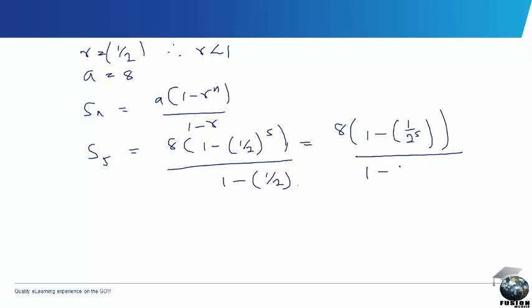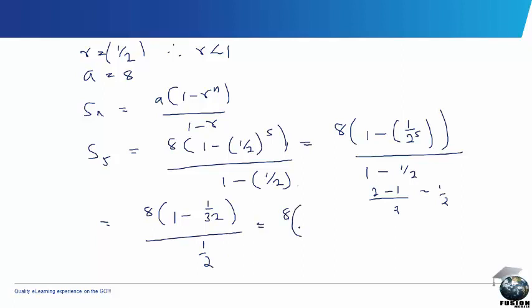For the denominator, 1 minus half, if we carry the LCM, we have 2 minus 1, and then you have 1 over 2. Over to this slide, we have 8 into 1 minus 1 over 2 raised to the power 5. When 2 is raised to the power of 5, we have 32, and so this is 1 over 32, all over 1 over 2.